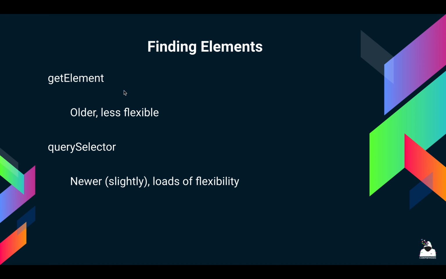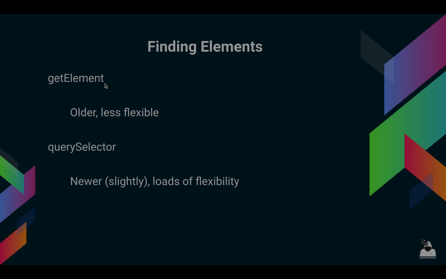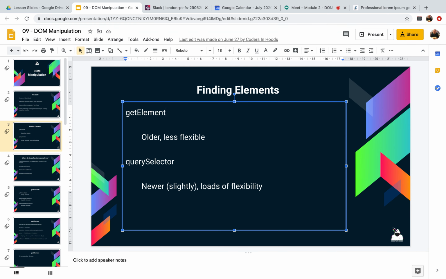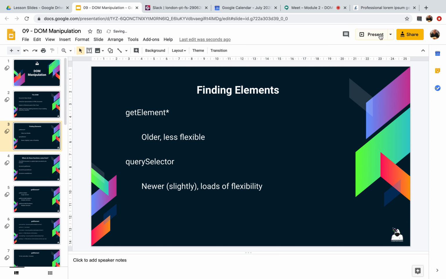So to find elements in our page, we have an HTML page, we have some JavaScript that's going to run in our browser. We want to find some elements in that HTML page. We can use getElement, actually, you know what, I'm going to just add this: getElement asterisk, or wildcard.